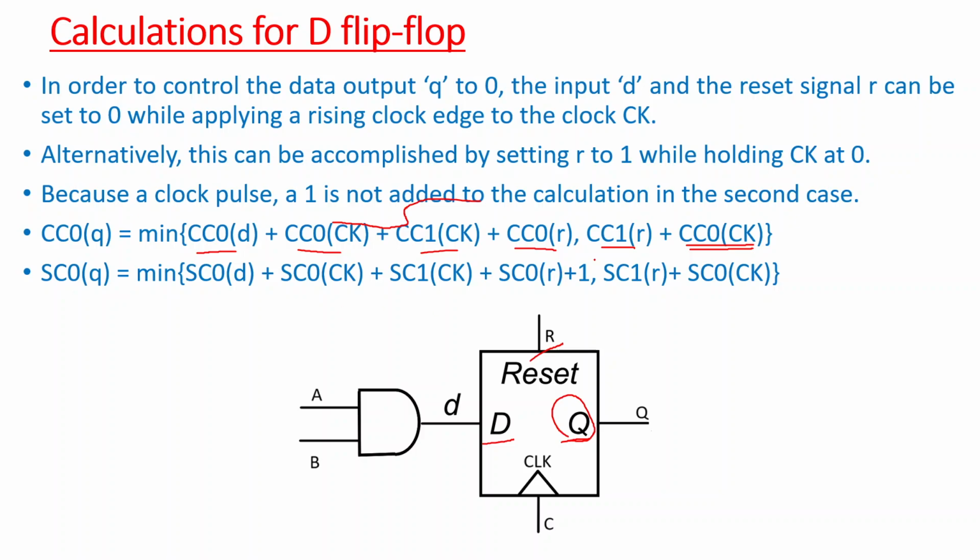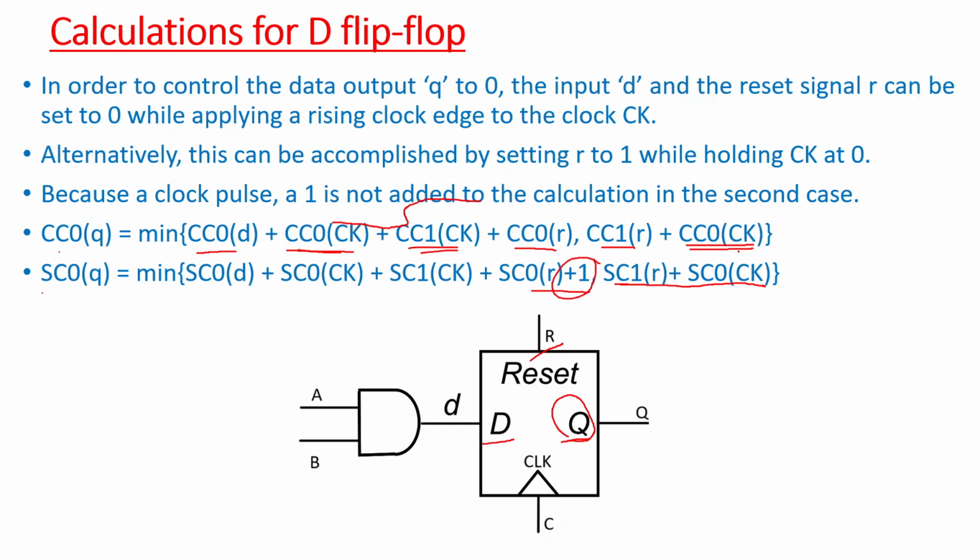So now you can see, when we convert this combinational controllability to sequential controllability, we are adding a plus 1 term only here. We are not adding the plus 1 term in the second option, because there we are not having any clock edge, meaning the signal is not passing through this circuit. So the plus 1 is added only when we have a positive clock edge, like here, that is why it was added.